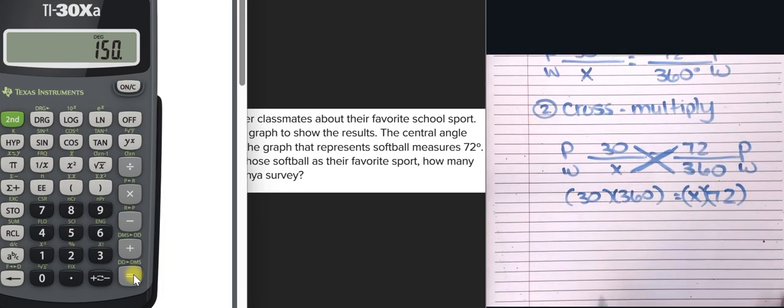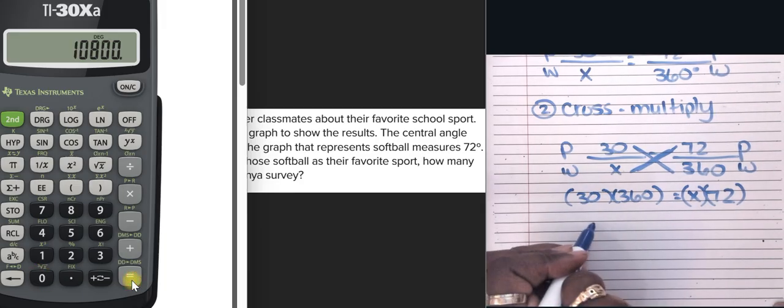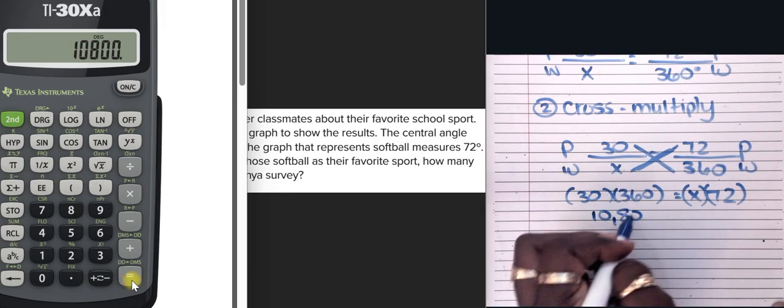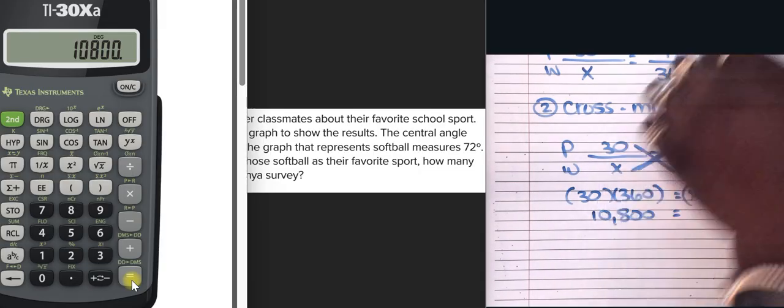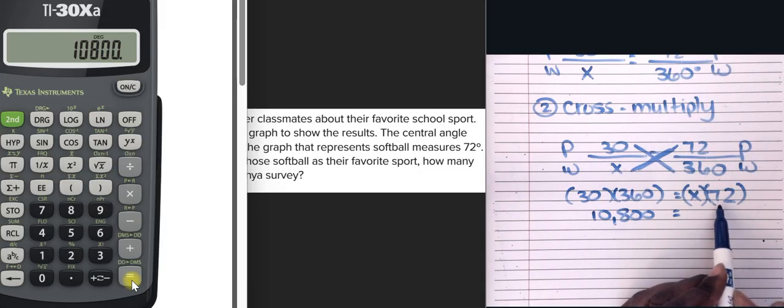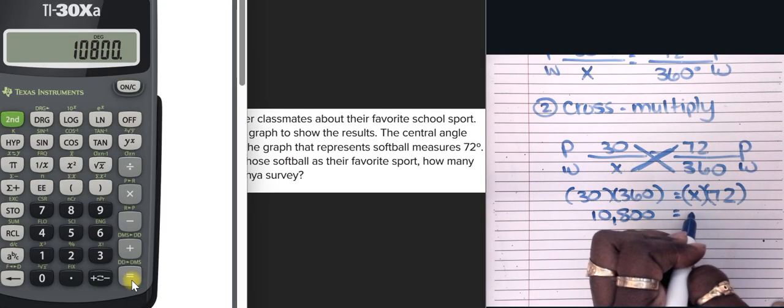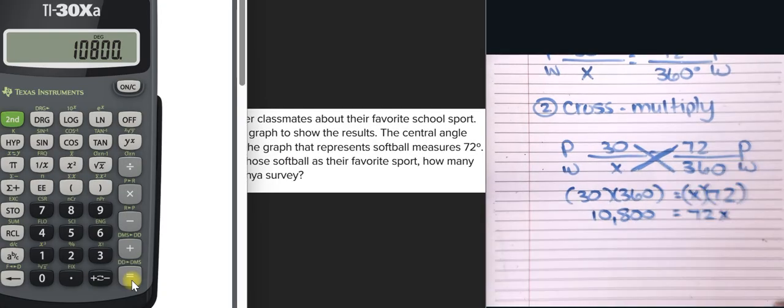Now what I'm going to do is simplify it. We have 30 times 360, which is 10,800, and that is equal to X times 72. Remember, we usually put the coefficient first, so I'm going to switch it around. It's going to look like 72X.